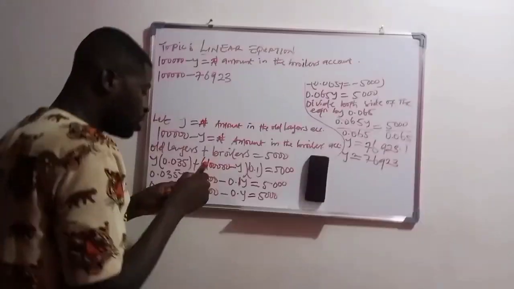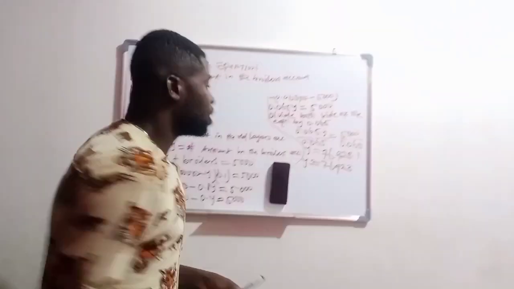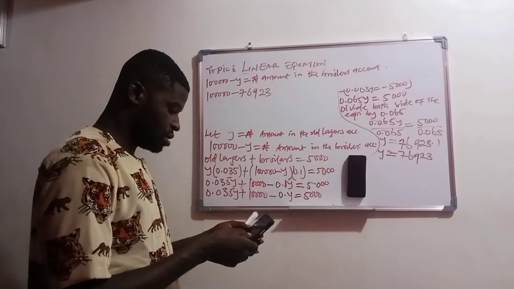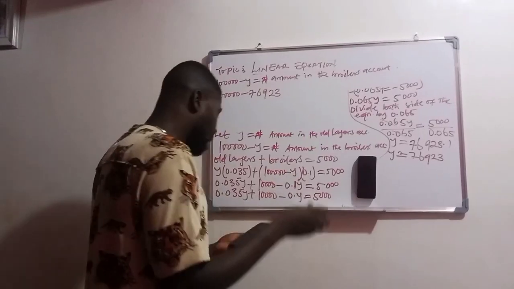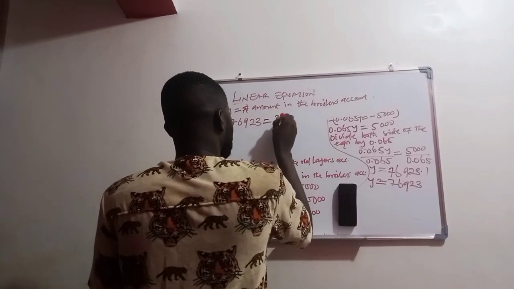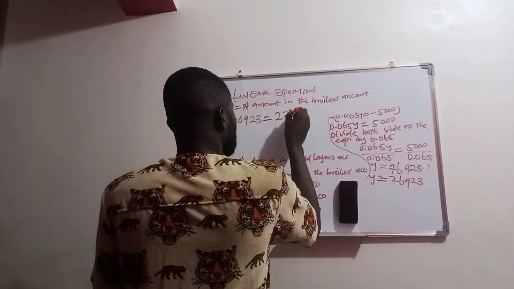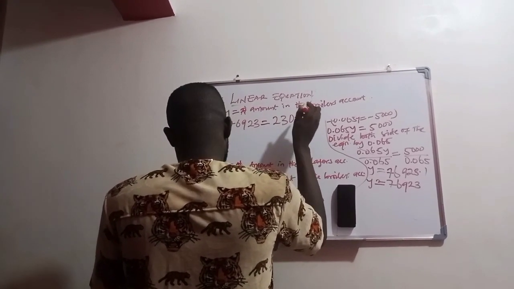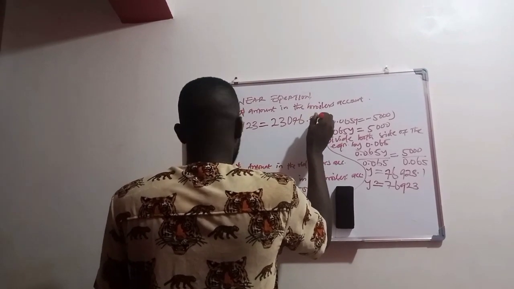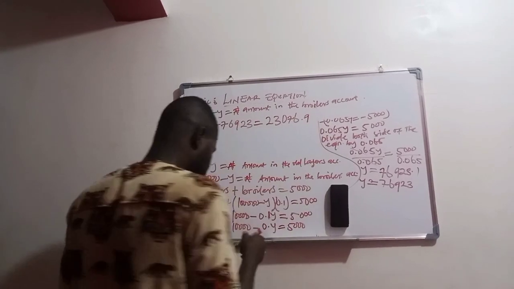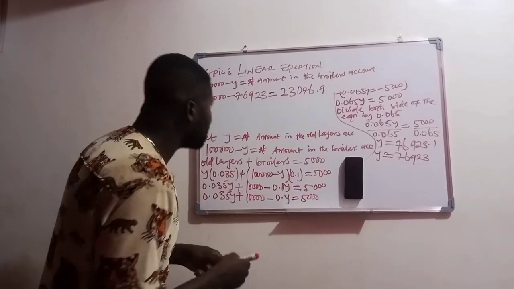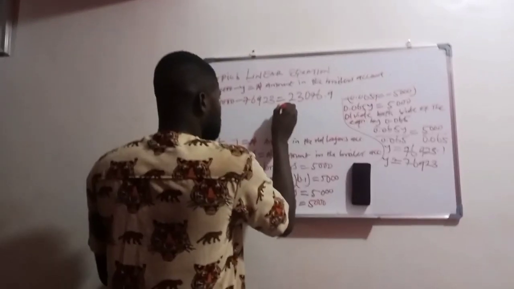Now, when you subtract, the totality of this is equal to 23,076 naira 9 kobo.